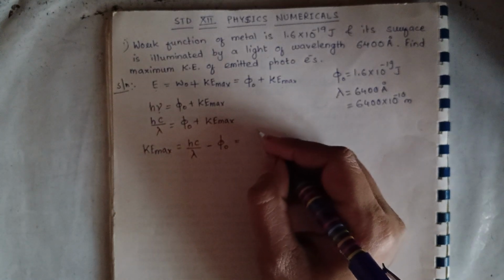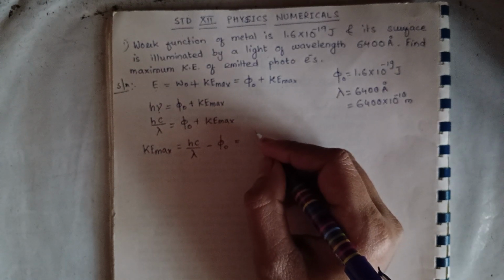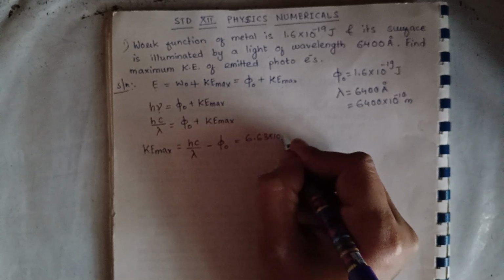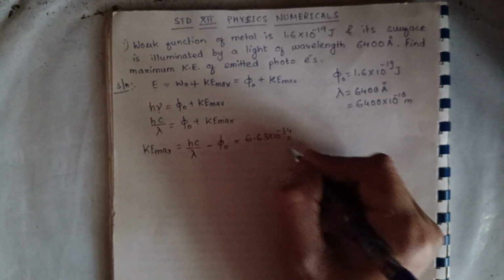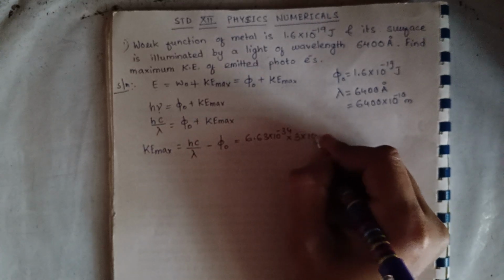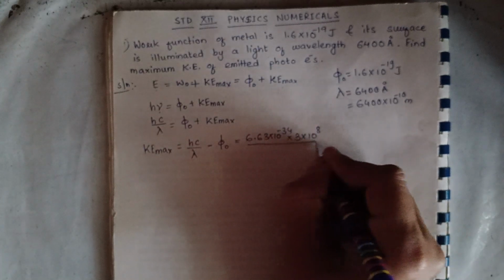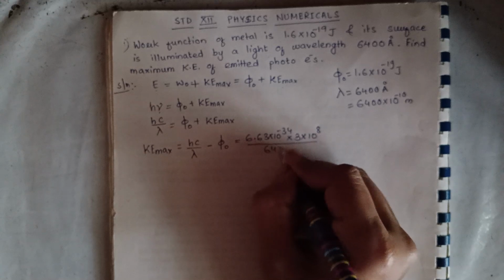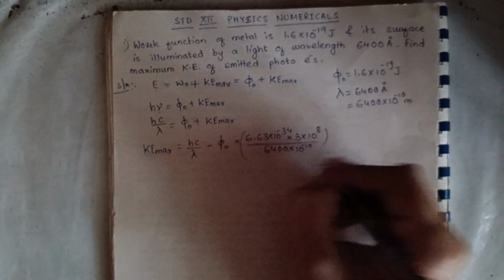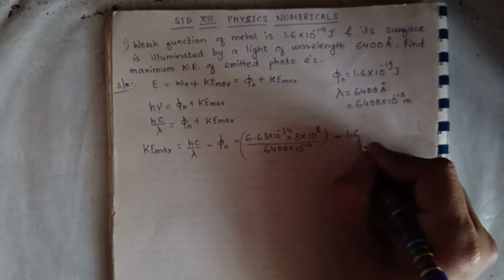The value of h, Planck's constant, is 6.63 into 10 raised to minus 34. The value of c, speed of light, is 3 into 10 raised to 8, upon lambda, which is 6400 into 10 raised to minus 10, minus the work function.